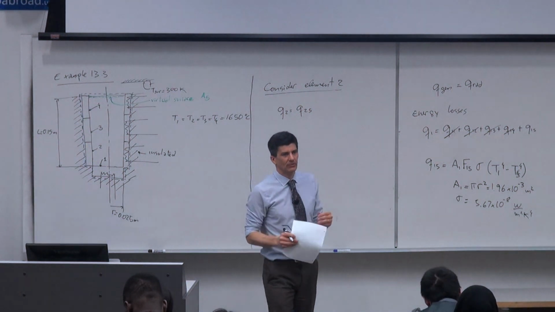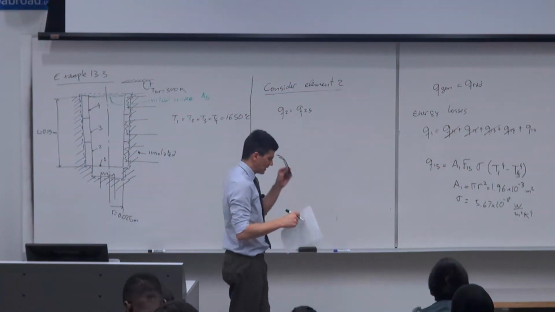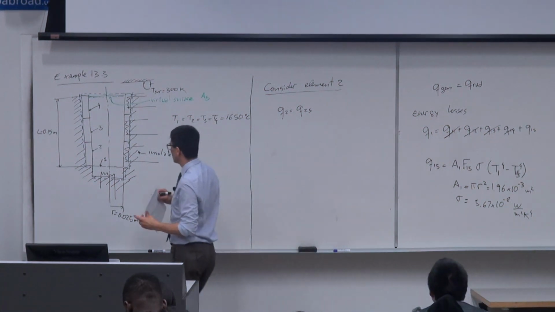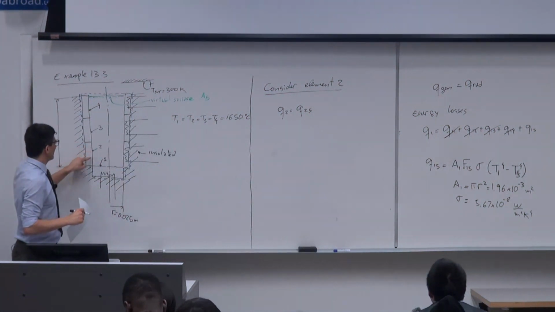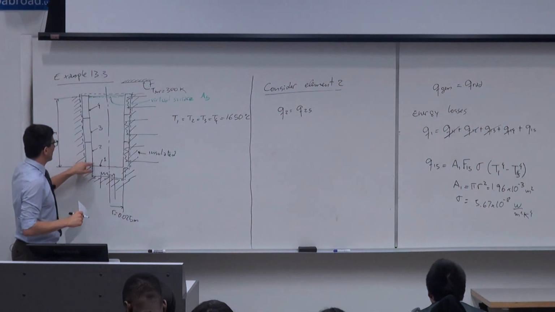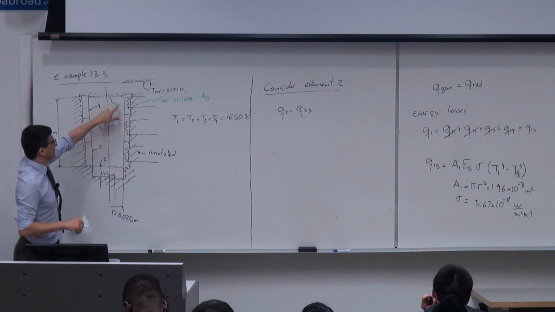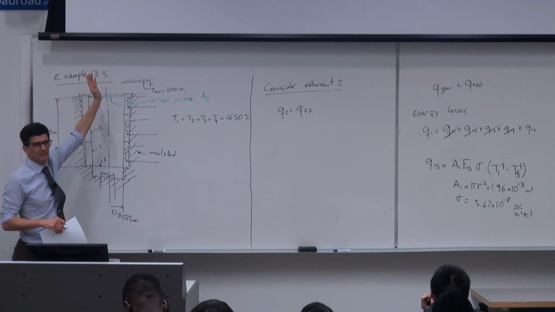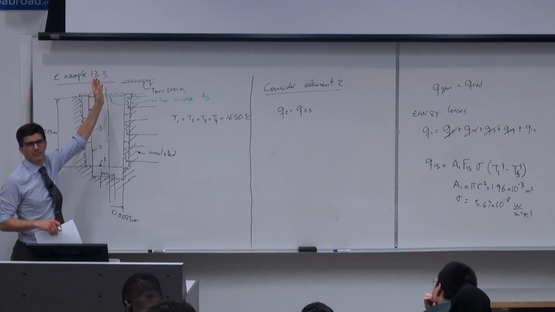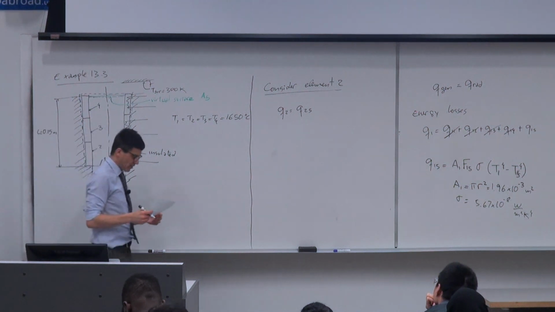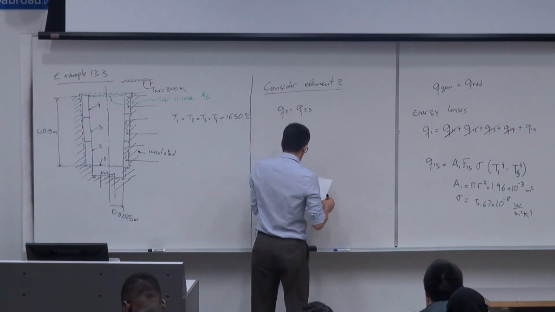It's with the surface because everything else is at the same temperature. Now I have a problem. This is a cylinder that sees this guy here, sees this other guy here, sees this, sees outside, sees itself. Big problem.